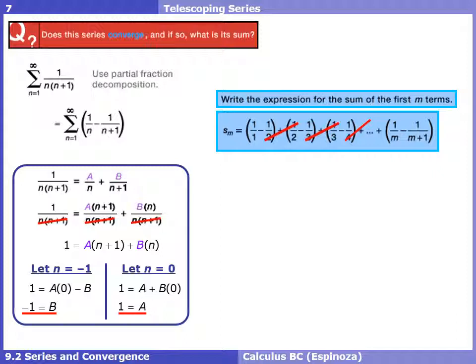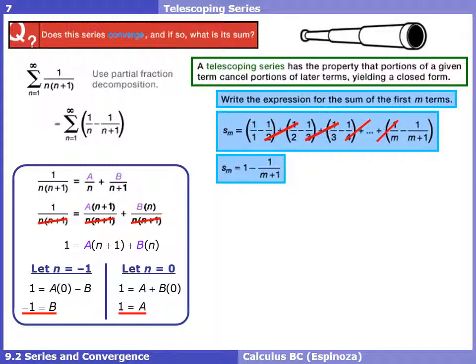And if we go all the way down to this last term, just imagine we wrote the term right before this last one. Based on this pattern of canceling, we would have canceled that 1 over m term with the term prior to it, which would have been some sort of negative 1 over m. So when you think about it, now that we've expanded this out, really we're just looking at 1 minus 1 over m plus 1.